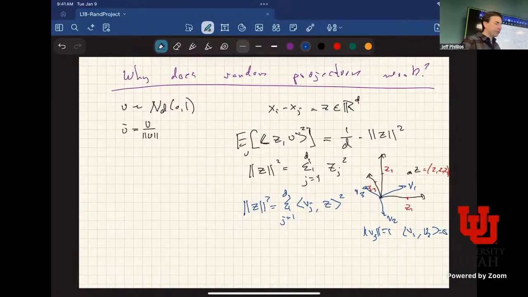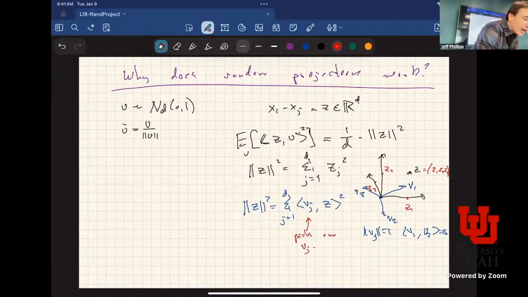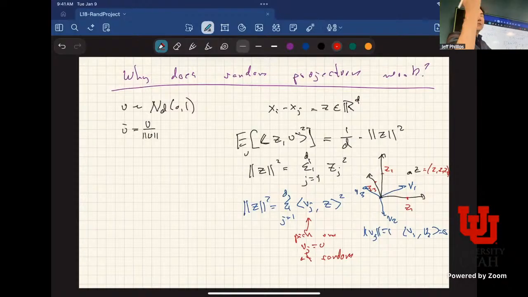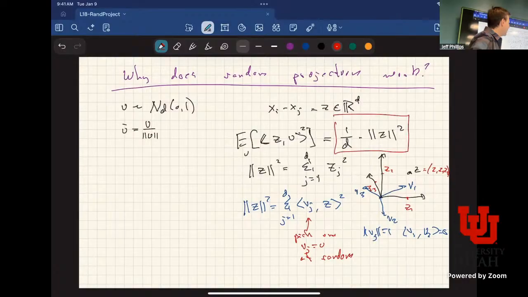If I pick one v_j equals u at random, I know the total norm is this, and so one out of d of these terms gives exactly 1 over d times the squared norm.